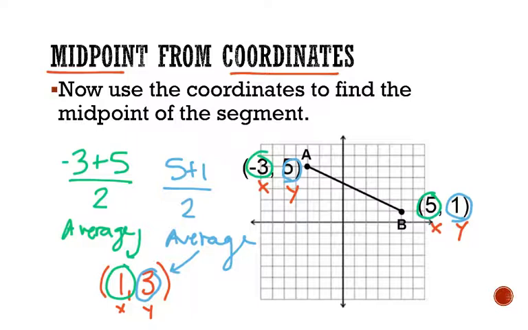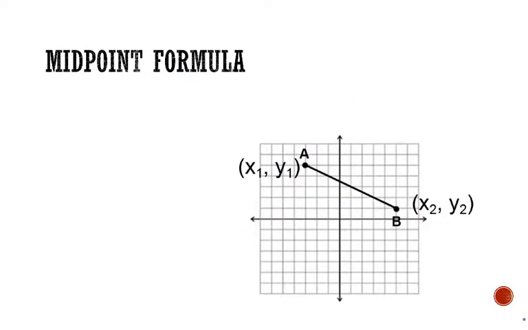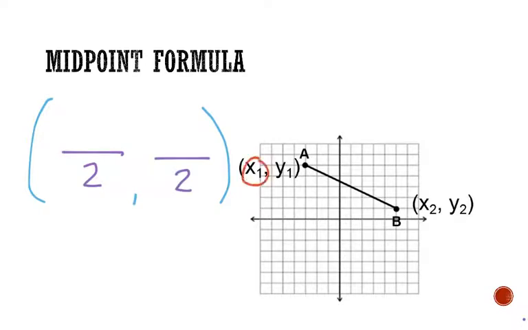And so when we look at applying this using just variables, in order to find the midpoint you're going to take the average of all of the x's being added, so the first x, whatever that happens to be, plus the second x, and then the first y and the second y.